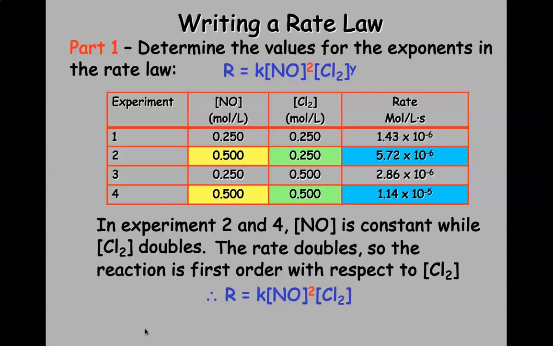Never assume it will. If you are given data like this, you have to do it experimentally and show your work. Again, the work is: some factor raised to some power equals the factor that is the change in rate. Solve for your exponent, and that's all the work you really need to show.